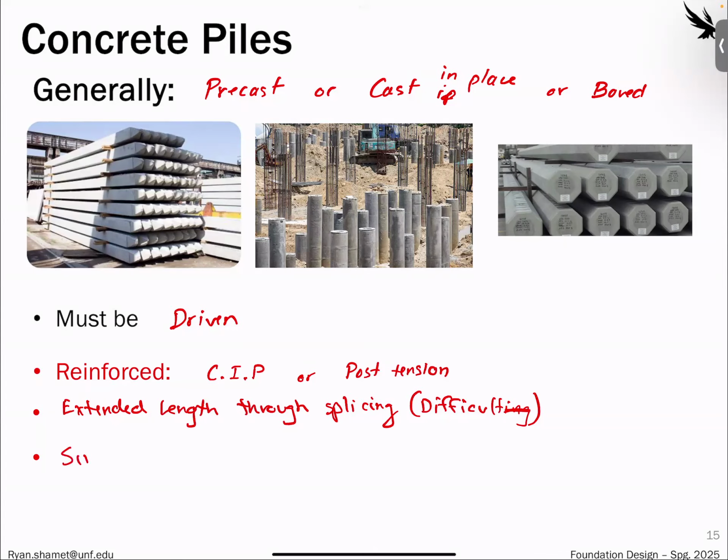Most of them have a simple geometry, like a square or round or octagonal, any of the pictures there too. But with concrete piles, you can also have what I'm going to just call random geometry.